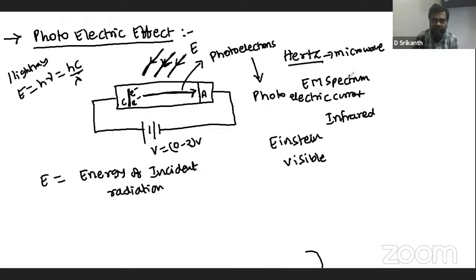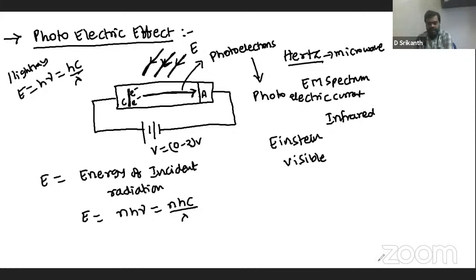If we have a bunch of light rays, then I can write E equals n h nu, that is nothing but n h c by lambda.